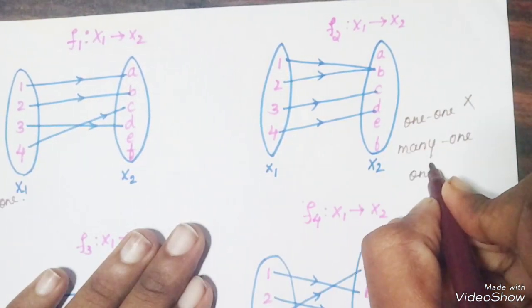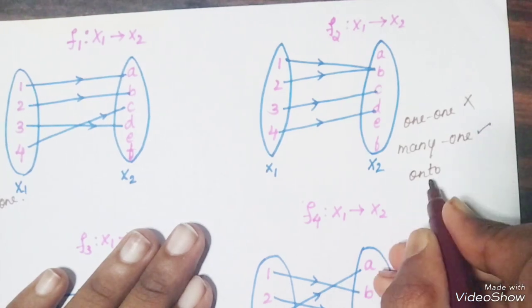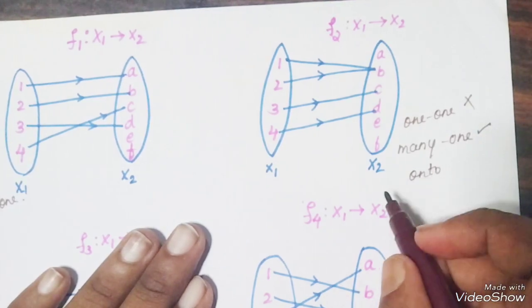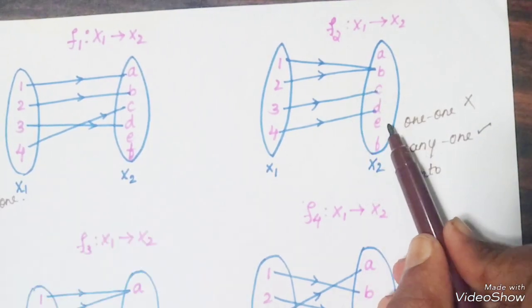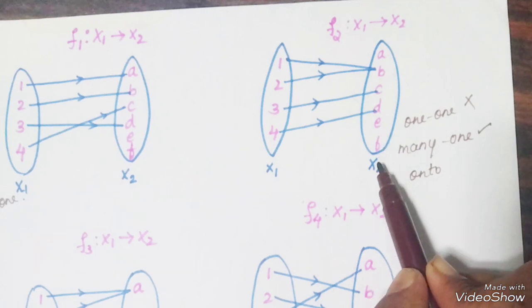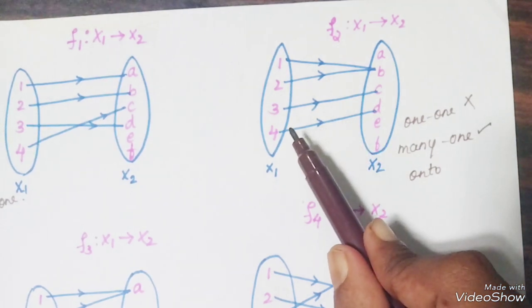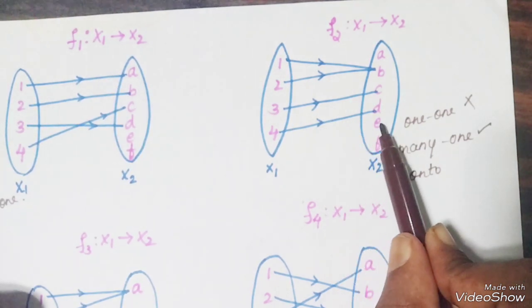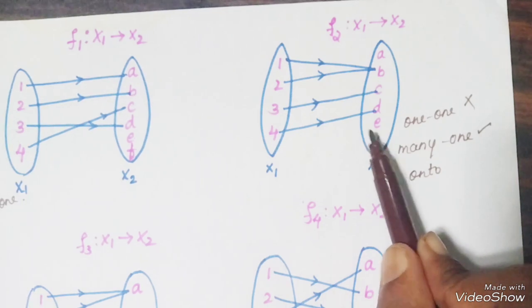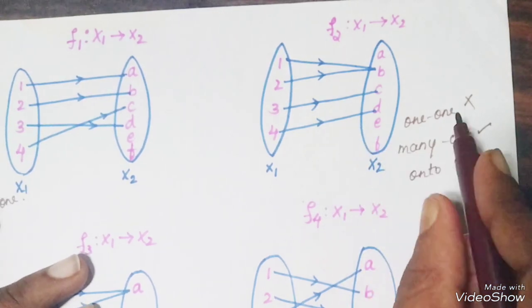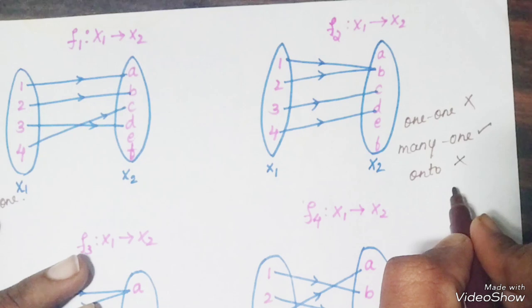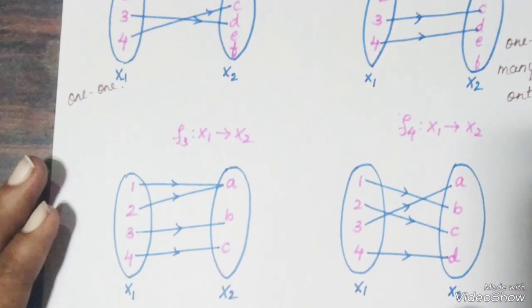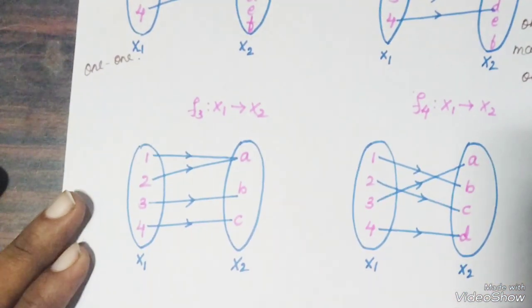Again, while checking onto function, every element of set X2 should be related with an image. Here E and F don't have an image in X1, hence it is not an onto function. Is it clear?